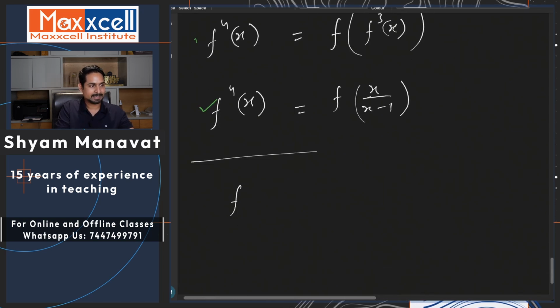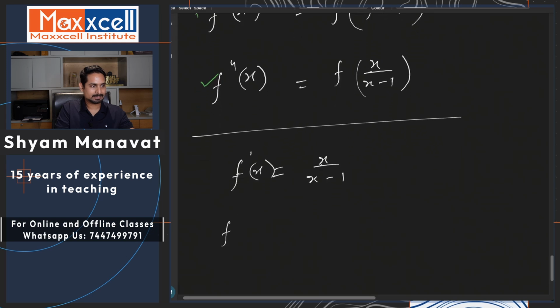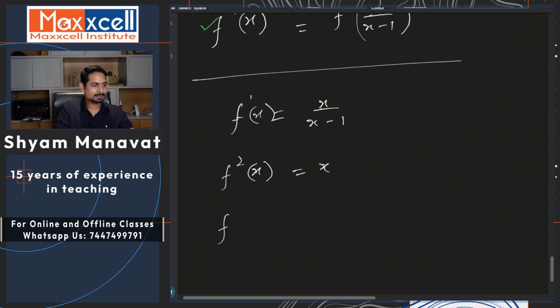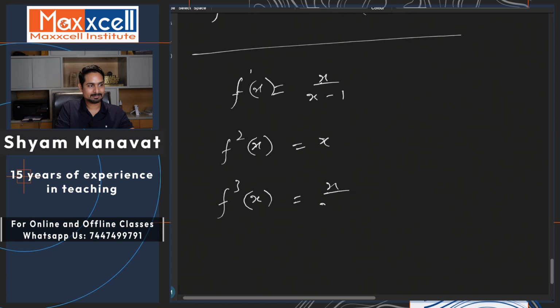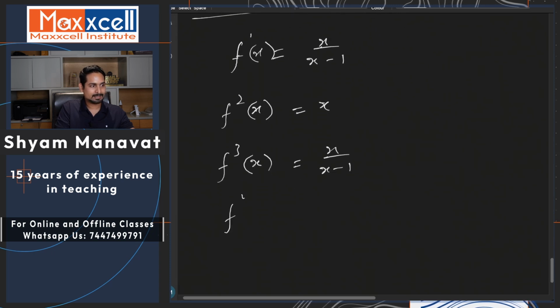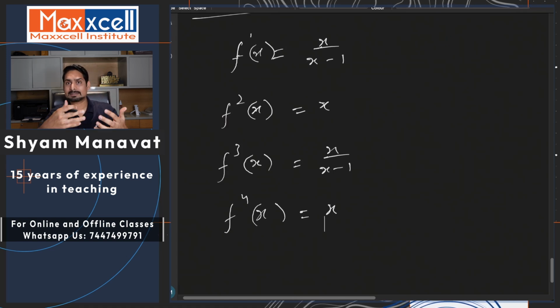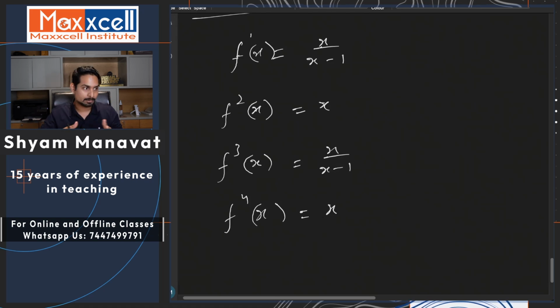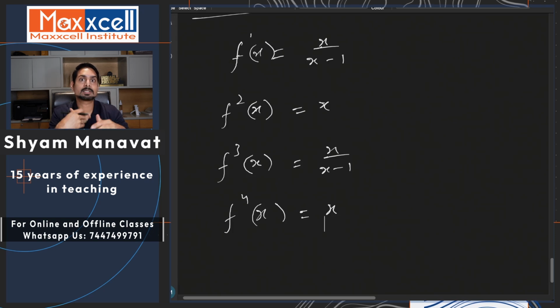We have the first iteration as it is in the question. The second iteration I got equal to x. The third iteration is again x upon x minus 1, and the fourth iteration, again we got x. So don't you think so? It's not always necessary that you will get an even-odd pattern. Sometimes you might find the cycle repeating after the fourth iteration or the third iteration.